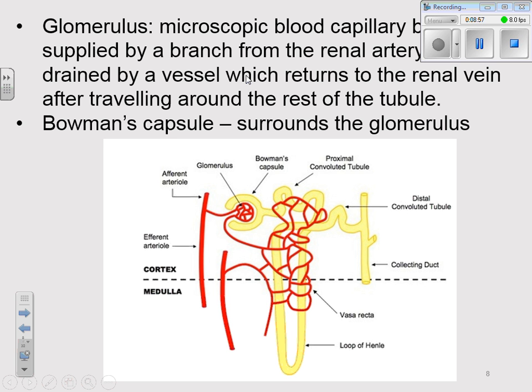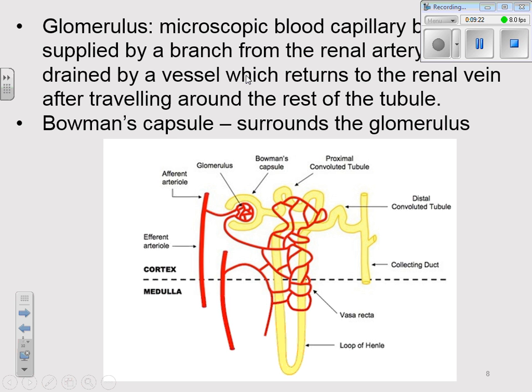The blood supply on this one is not coloured ideally, because what we have with a nephron is a blood supply from an artery, or an arteriole actually, that comes in. It's still arterial blood when it wraps itself all around these capillaries round the tubule, but as it comes out, it's going to rejoin a vein or venule.